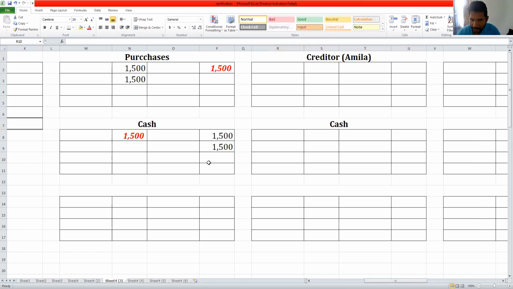Look at this very carefully. We have paid 1,000 to Amila. It is recorded as 100 in his personal account. But in the cash, it is recorded correctly as 1,000. Now listen to me, cash account is correct, but creditor's account is incorrect.